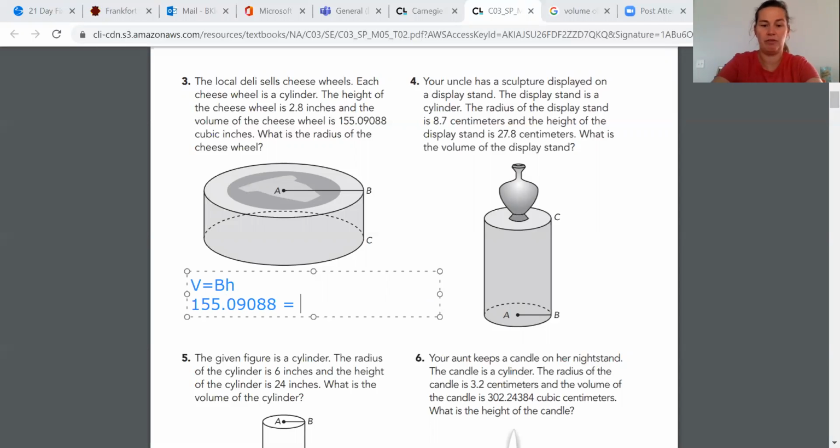So I know I have 3.14 times the radius squared times the height, which is 2.8.